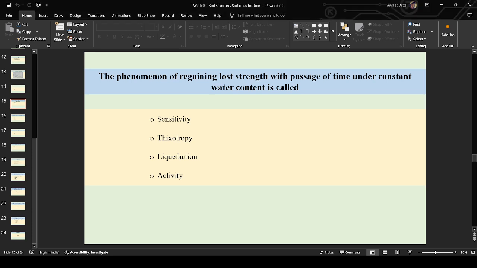The options are sensitivity, thixotropy, liquefaction, or activity.